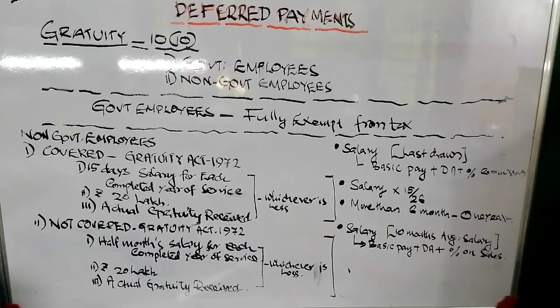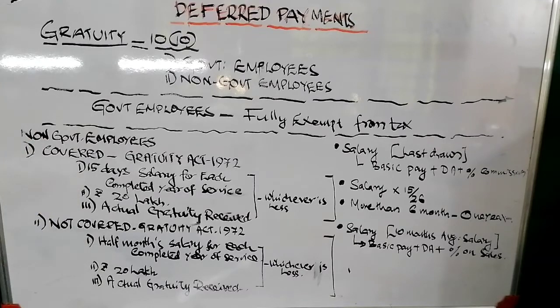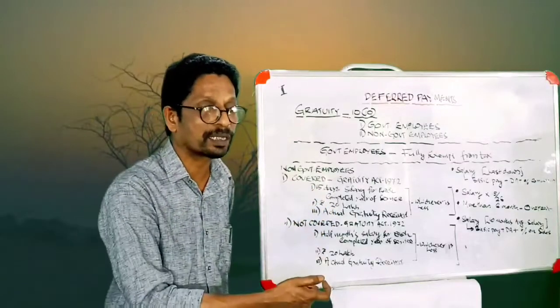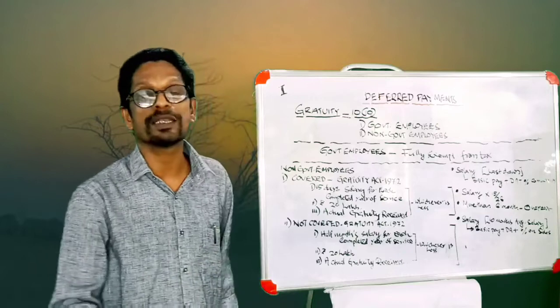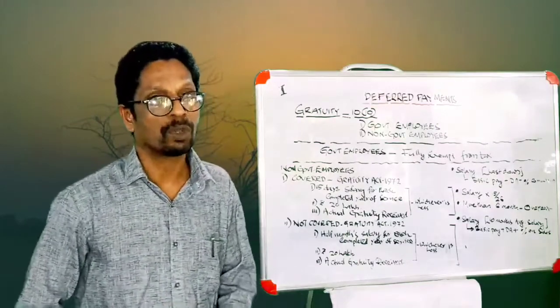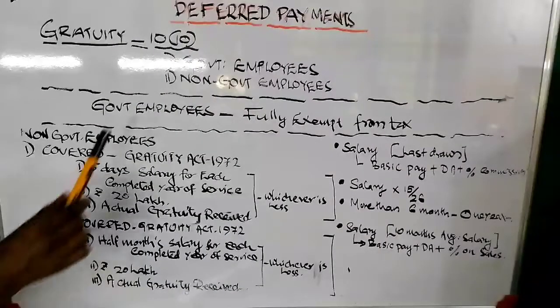For the income tax treatment of gratuity, the total employees can be classified into 2 divisions. You understand now? For the tax treatment of gratuity, how many categories of employees are there? Government employees and non-government employees. Then first of all, we are discussing the government employees.